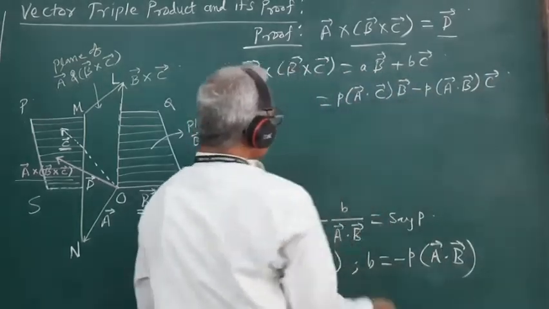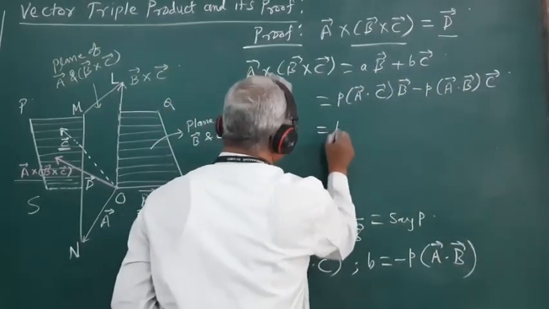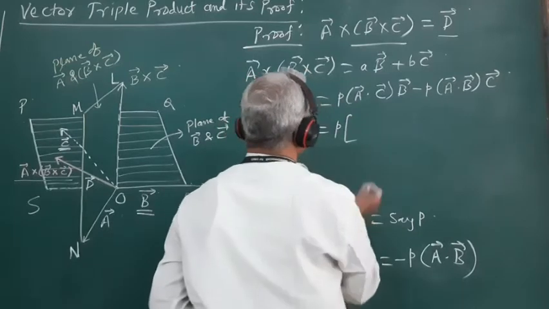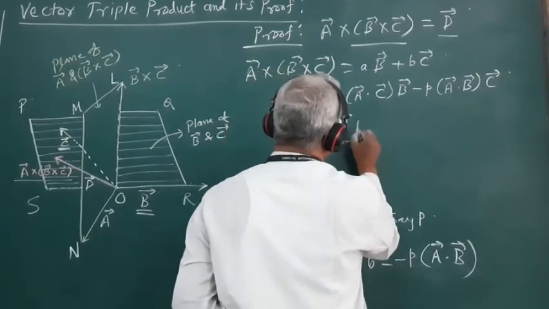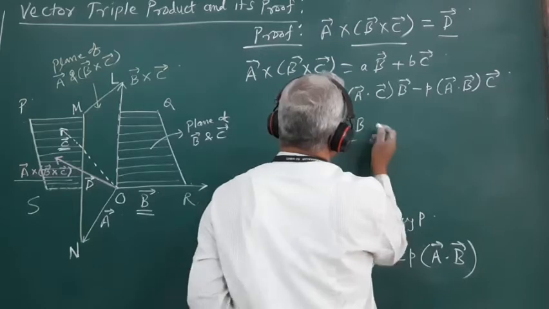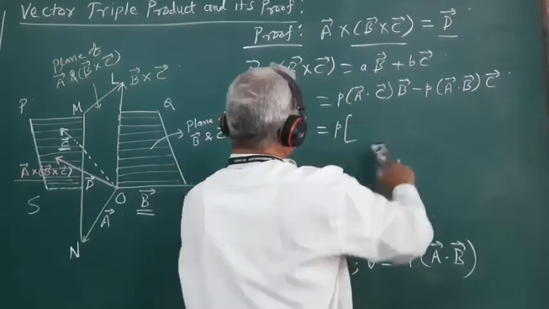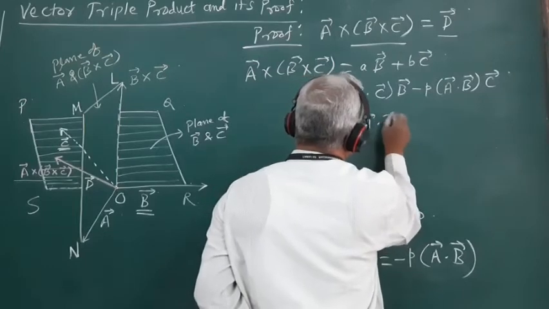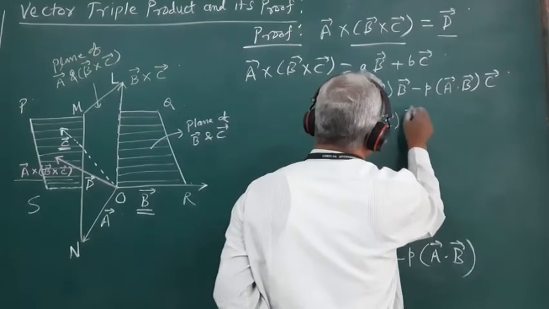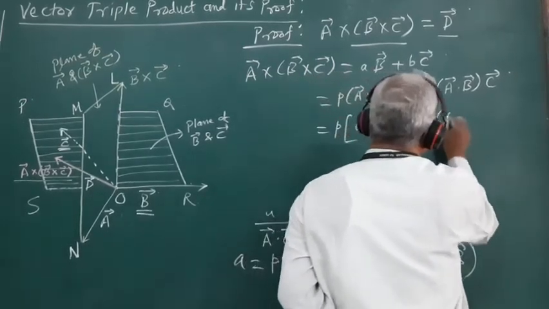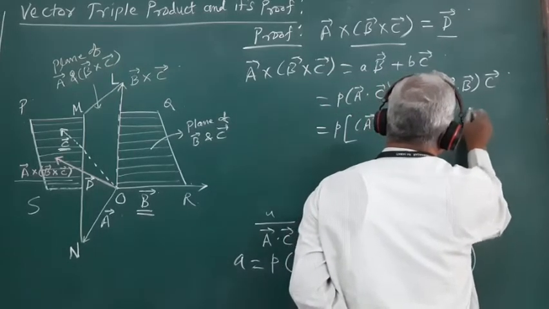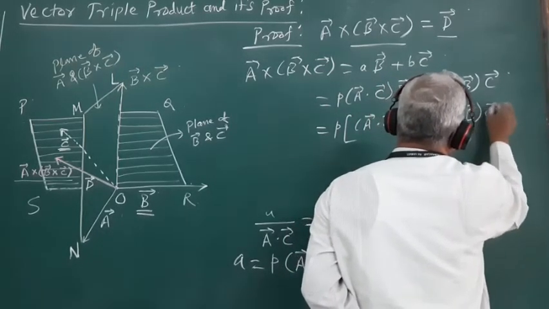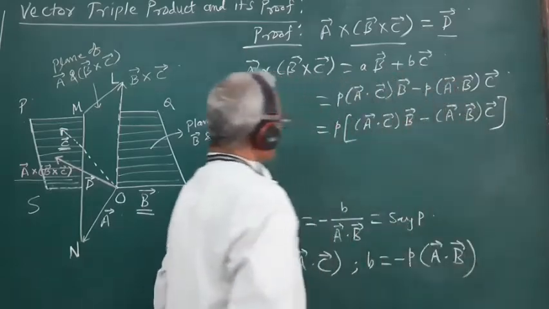P is common in the two terms, so we can take it outside the bracket, and in the bracket it is A bar dot C bar into B bar minus A bar dot B bar into C bar.